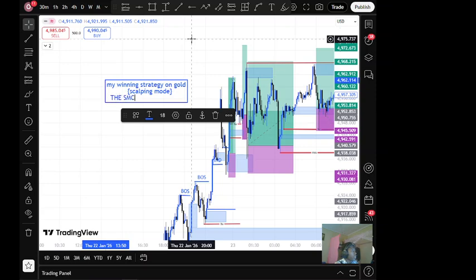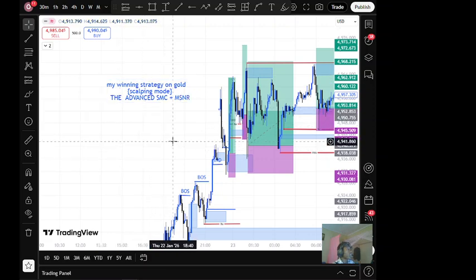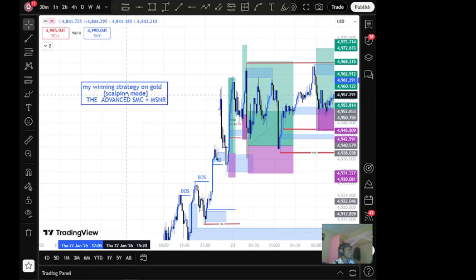The SMC plus, no, it's advanced SMC, plus MSNR. So those are basically the strategy that I use on trading gold. This is the strategy that I use in trading gold.